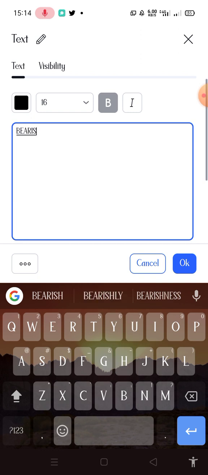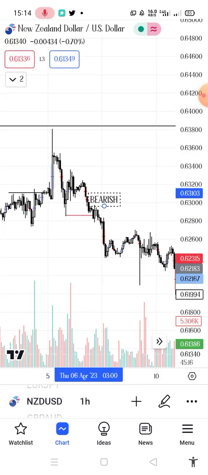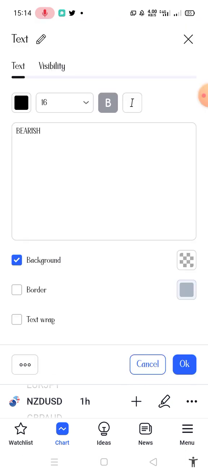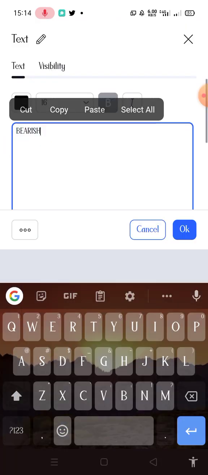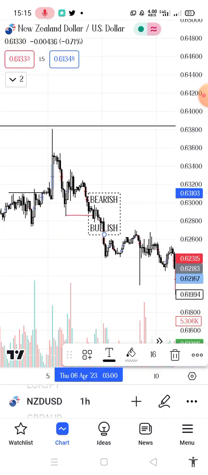When it's going down is bearish, and when it's going up, I did this, when it's in an uptrend is bullish. Down, bearish, up, bullish. So bear that in mind.